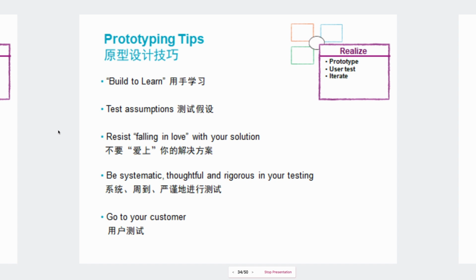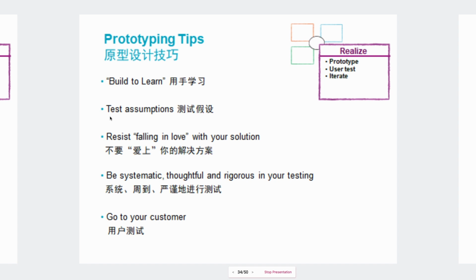So we call it build to learn. It's also very important to make our idea tangible, so we can see something and the user can test it. We test our assumptions, not in our brain, but by handmaking it, okay?